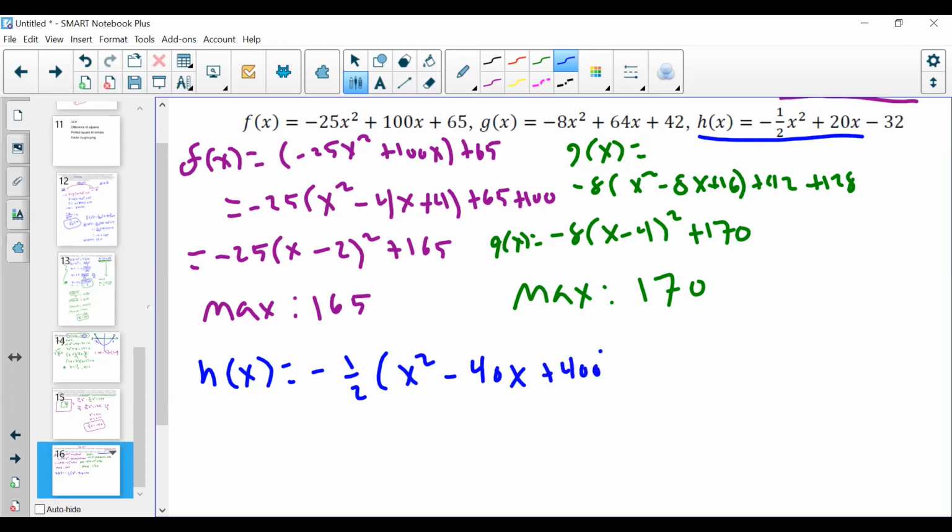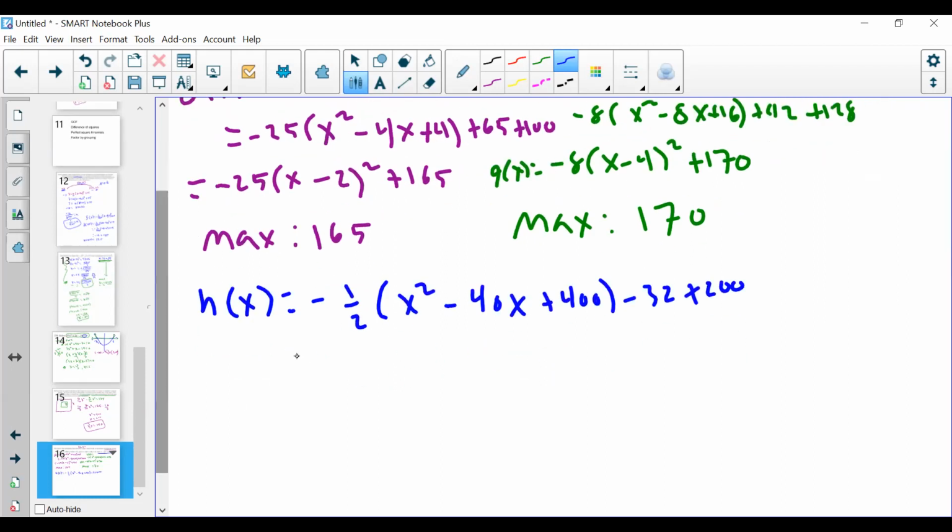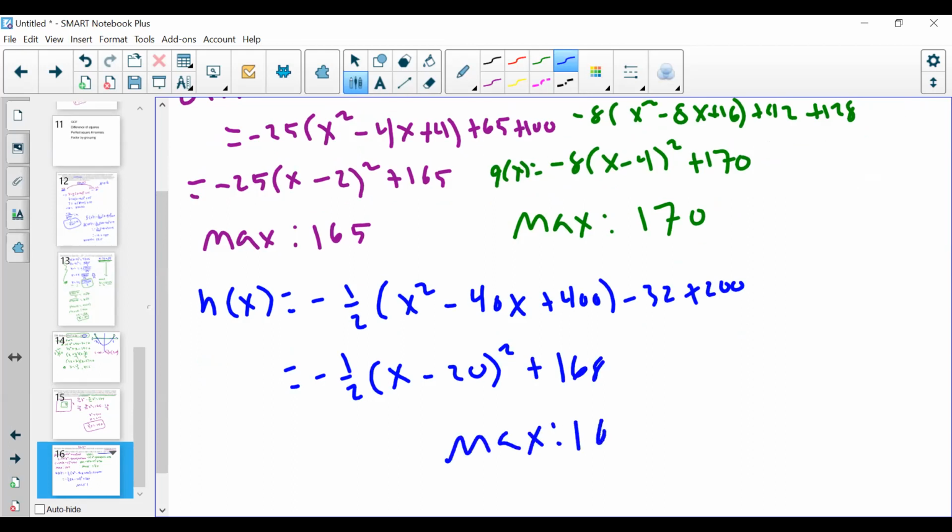Get positive 400 minus 32. 400 times -1/2 is -200 plus 200. And this factors out to -1/2 x minus 20 all squared plus 168. So the max here is 168.